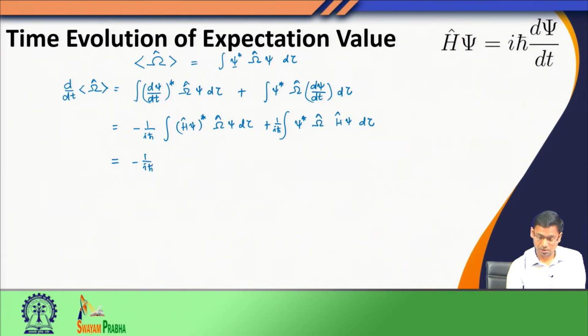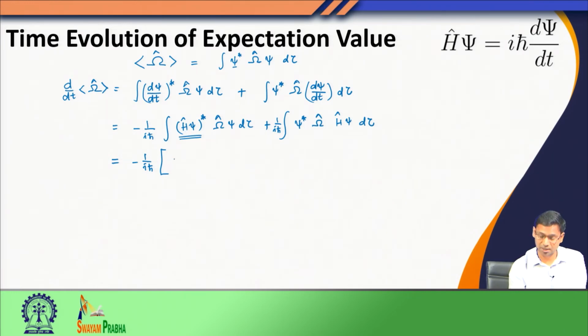Now, I have this term with a minus, and let us take minus 1 over i h bar outside. When I see this term, I use the Hermitian nature of the Hamiltonian.